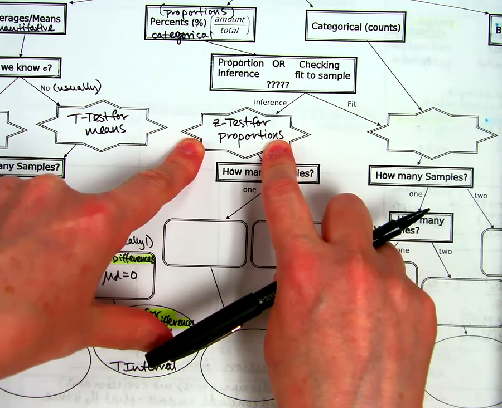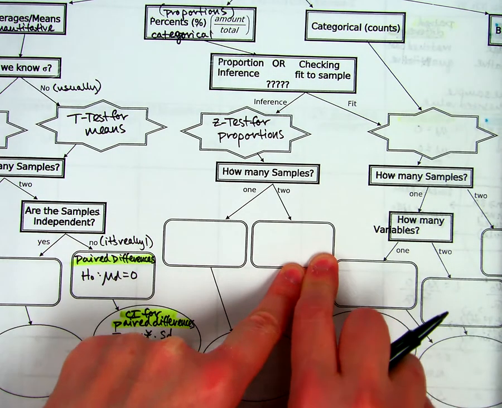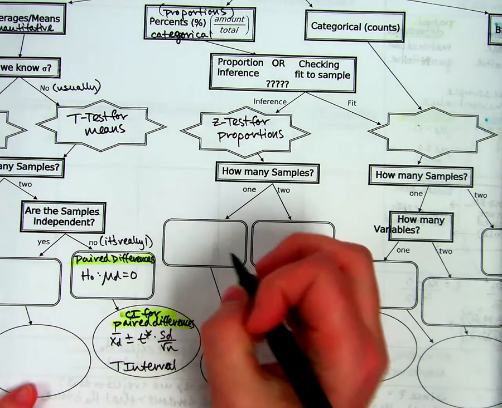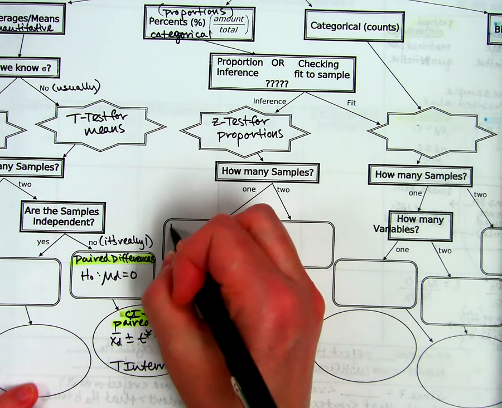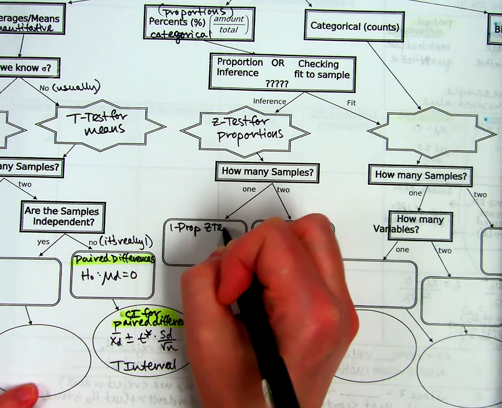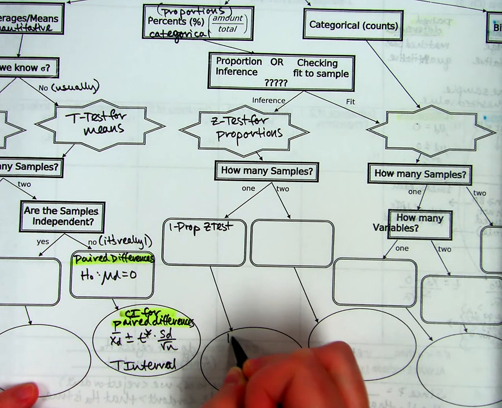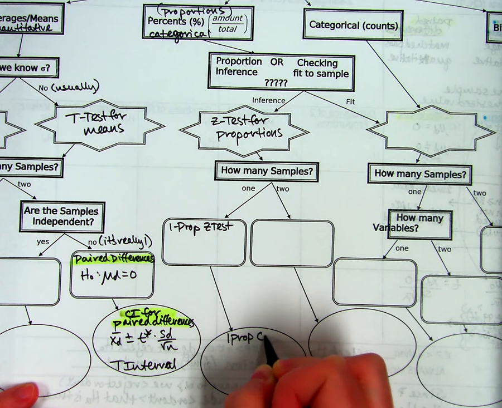If you decide it's this, then you're deciding next how many samples. 2 samples would take you to chapter 10, which we'll do later. 1 sample would take you to chapter 9 or 8, which is the 1 proportion Z-test. And it also might lead you to a 1 proportion confidence interval.